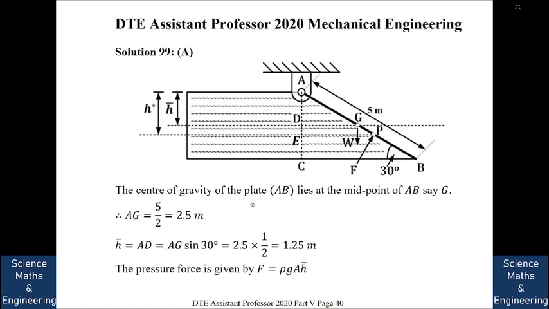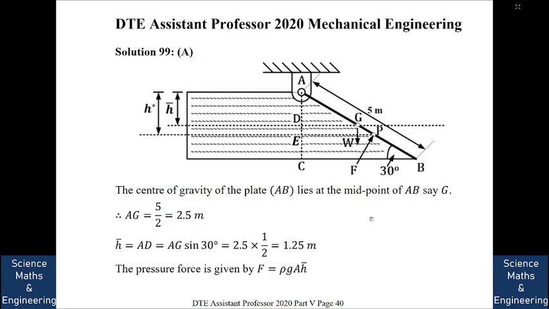see, the center of gravity of the plate AB lies at midpoint of AB, say at G. Midpoint of AB, so AG would be equal to 2.5 meter then. Now H bar is AD, which is equal to AG sine 30 degree, which is equal to 1.25 meter. Now pressure force is given by F is equal to rho g A into h bar.